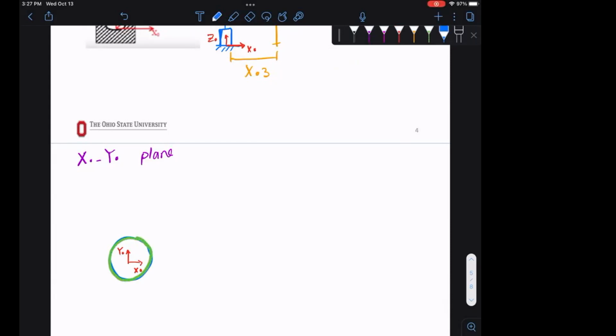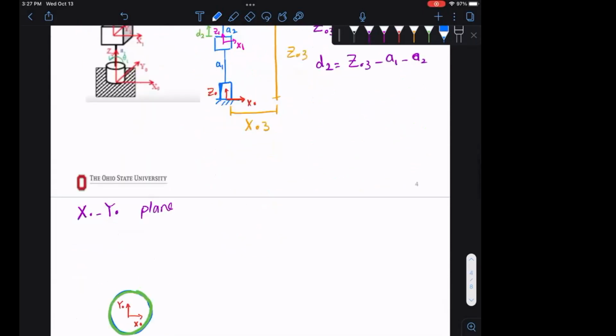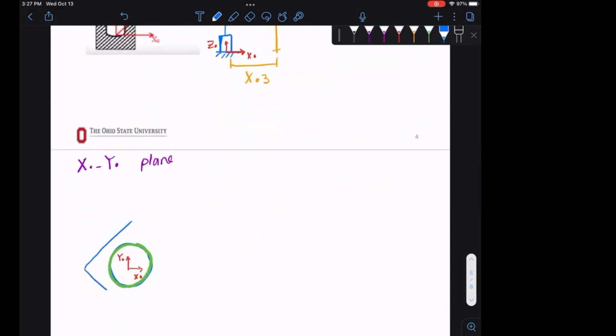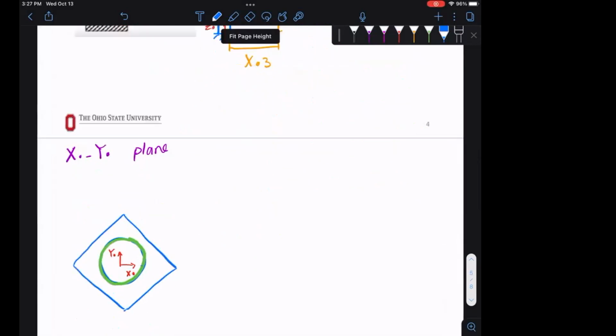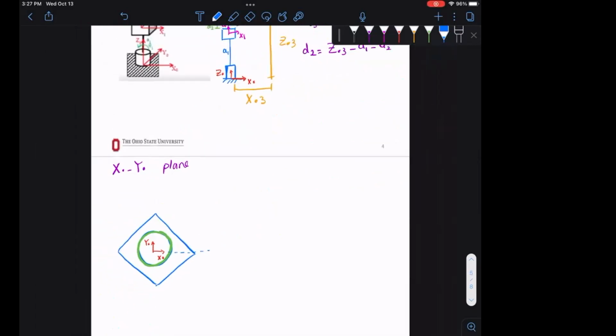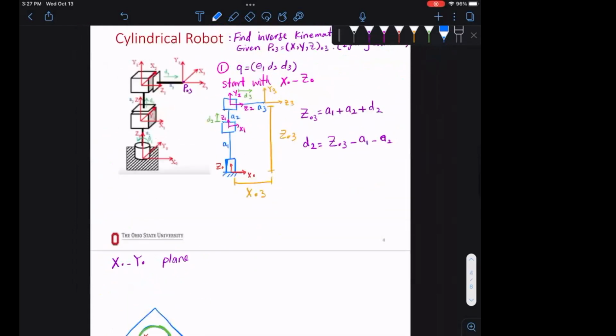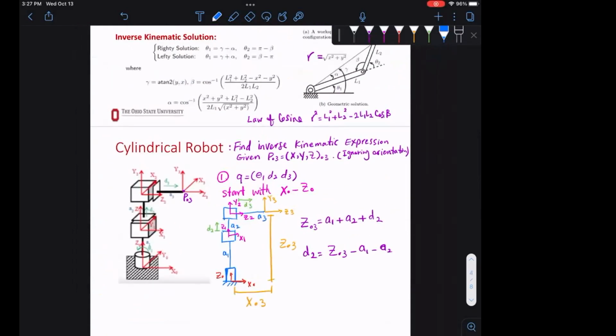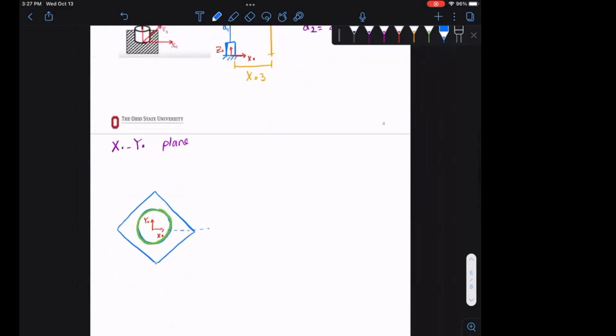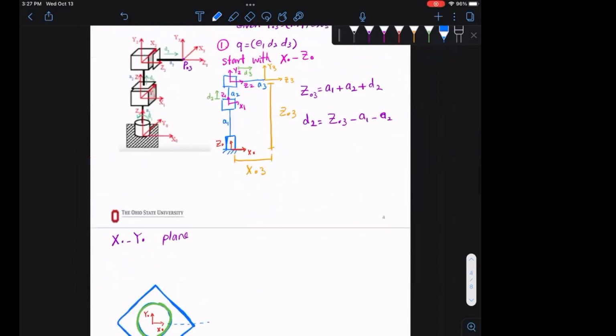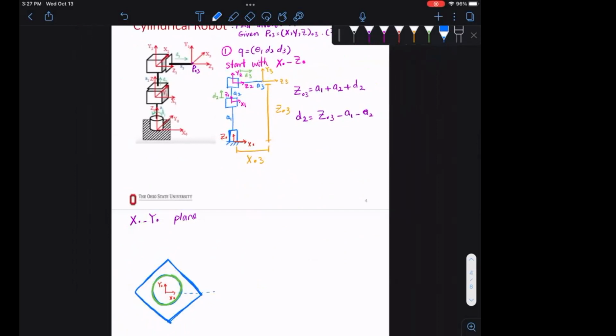So if this rotates, I'm going to see my prismatic joint, if it was a box, right, a little bit rotated. So this is the base of X0. Now, from top view, you see both of those two on top of each other, right? So basically, both of the prismatics are here. Now, we are done with that. Then what else do we see?